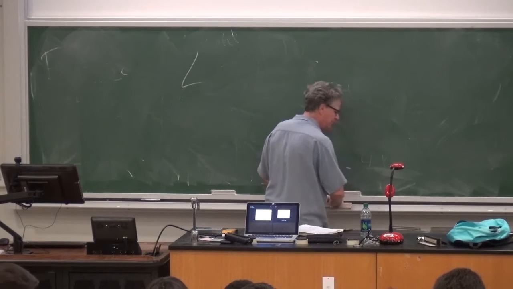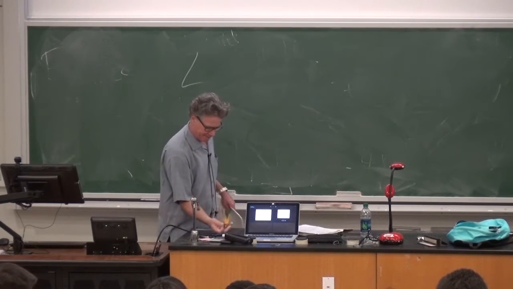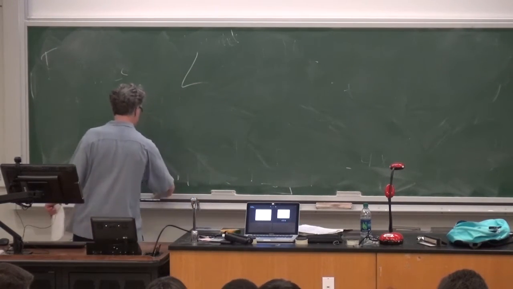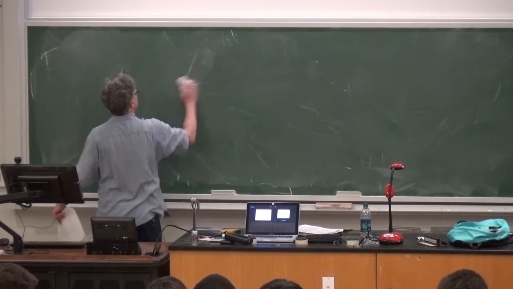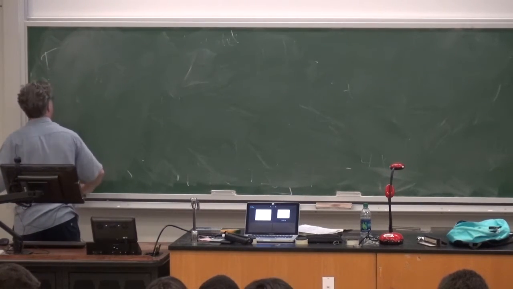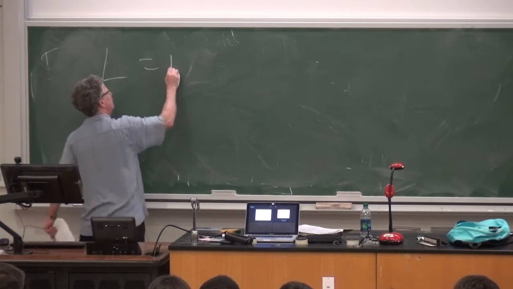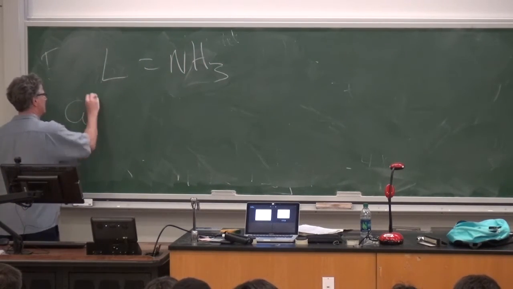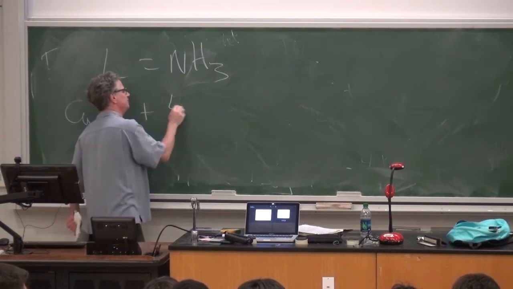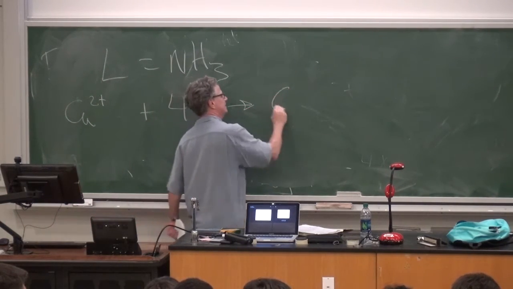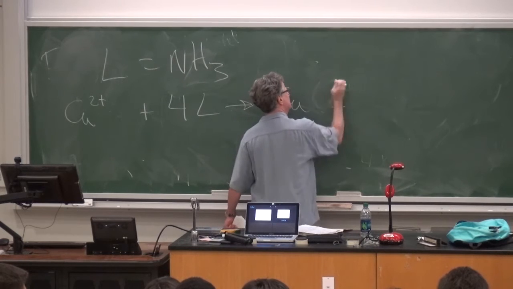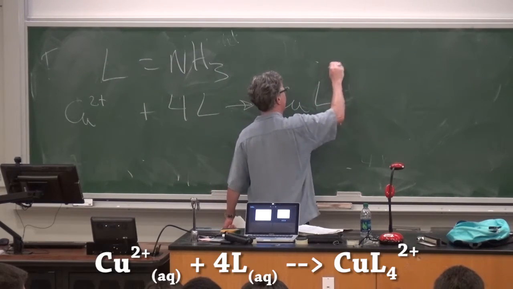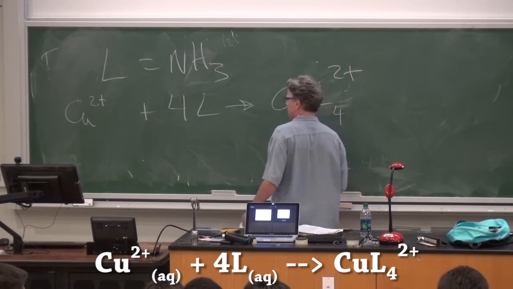So again, we're going to take our friend, I think I just had this, so I'm going to write, again, L is ammonia, just to make it easy on me. We can say copper 2 plus and 4 ligands makes the copper tetramine complex, all right?